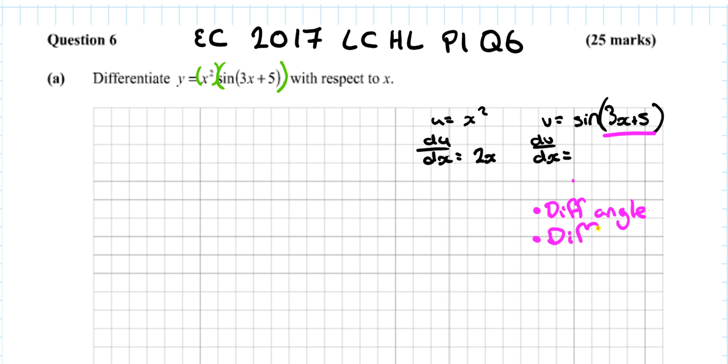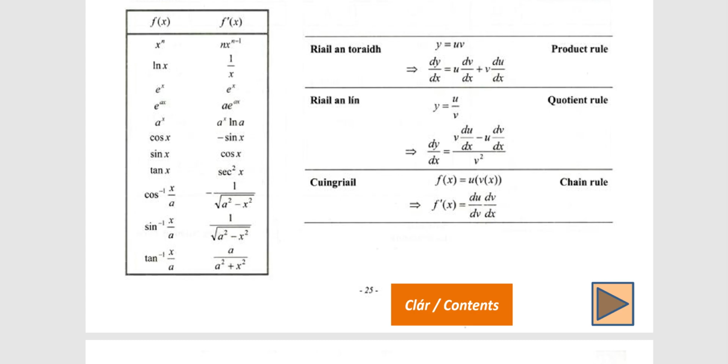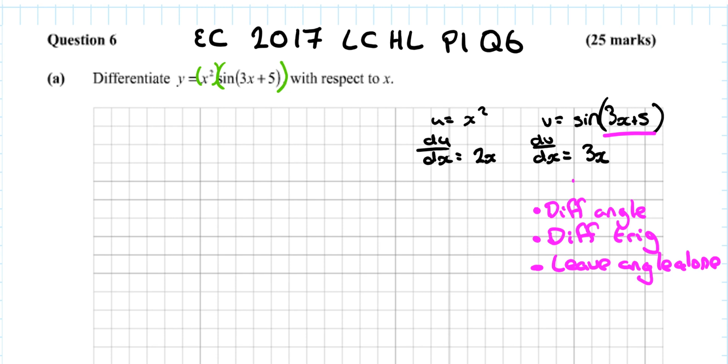Then differentiate the trig, so that's the sine, cos or tan, and then leave the angle alone, as in write out the angle again. So again, differentiate the angle, you're just going to get 3x. Differentiate sine: log tables, sine goes to cos. It's cos, and then repeat the angle, so it's 3x plus 5.